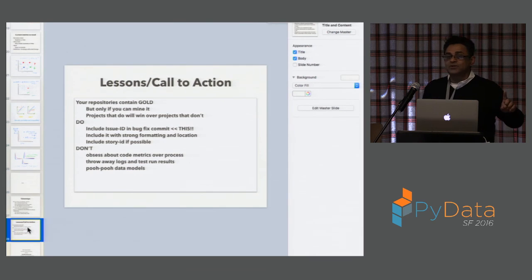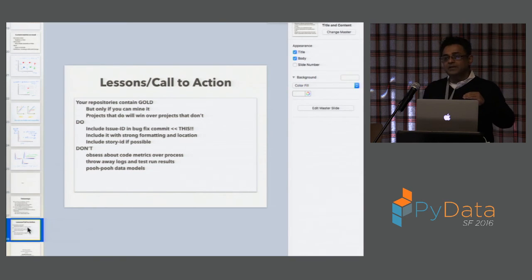So the one thing I would say to take away from this, and you forget my name, you forget everything else, but just remember this one thing: put the issue ID in the bug fix commit. And preferably put it in a standard place everywhere. An example of this, and if I have time in the Q&A, I'll show you examples of how the Apache Spark project does it. And they do it very well.